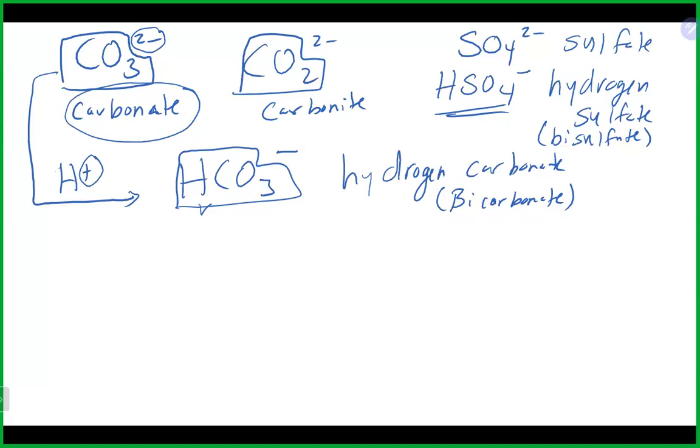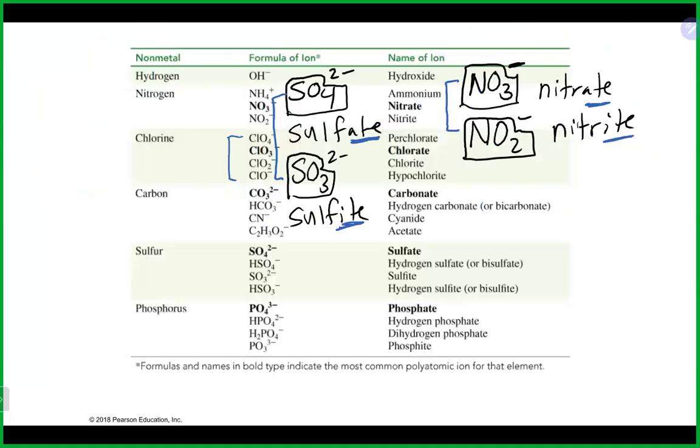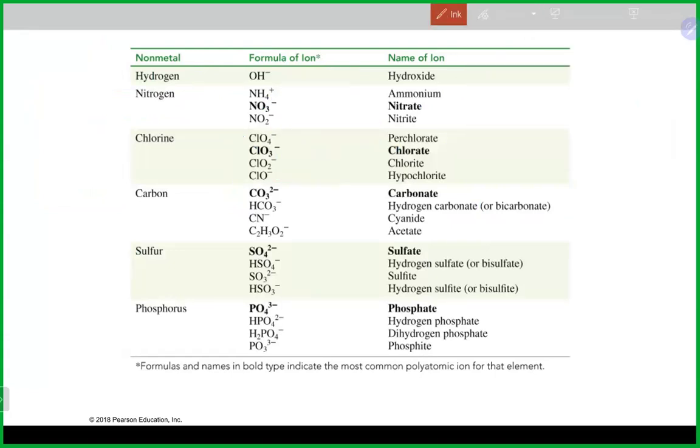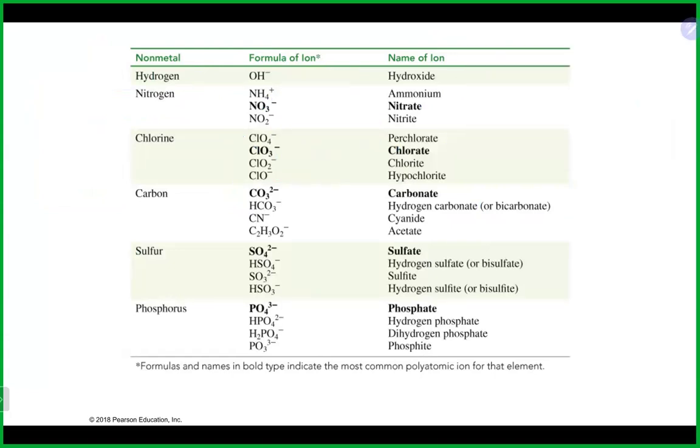Yeah. So let's take a look at this and we'll try to get rid of all my scribble on the page, perhaps. All right. So why don't you try naming some and see what you come up with? Let's go with Li, ClO2.